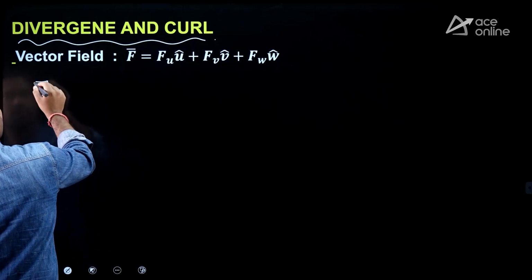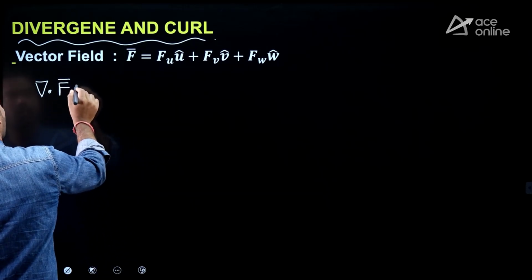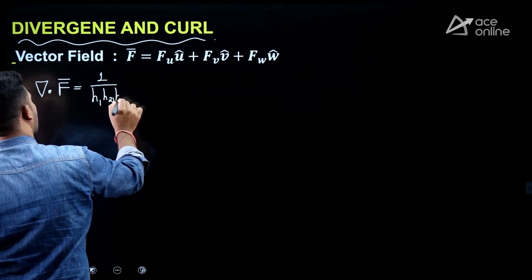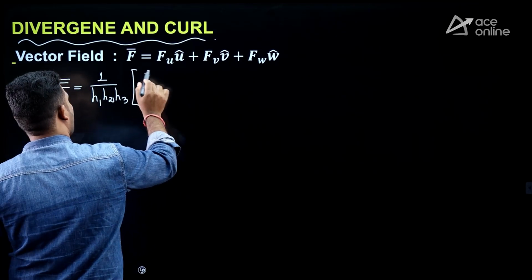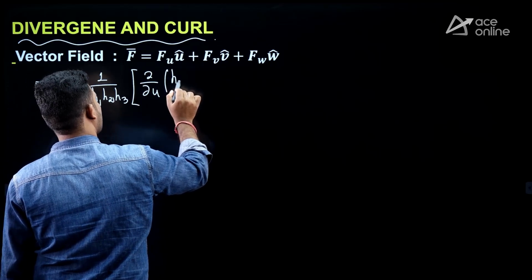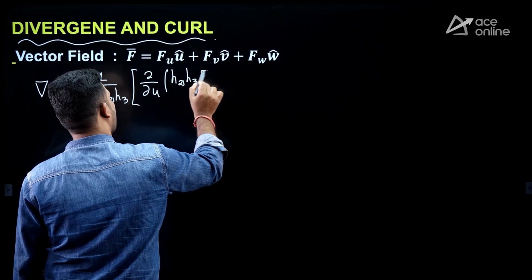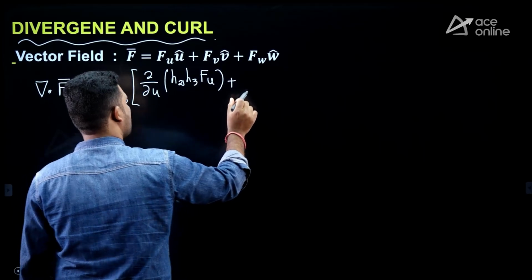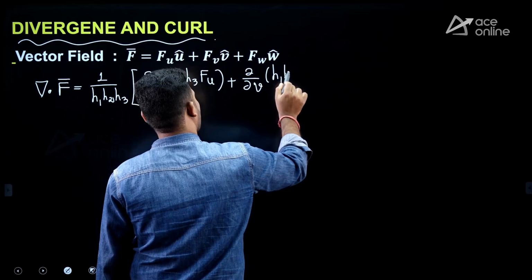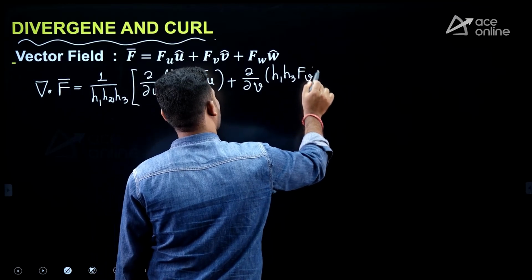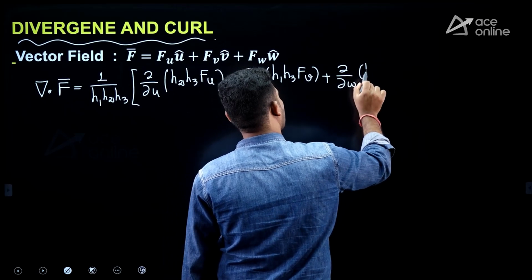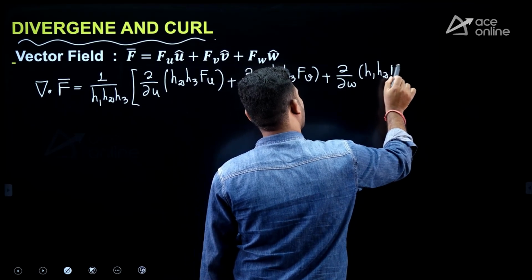So the divergence of F is equal to 1 divided by H1 H2 H3, dou by dou u of H2 H3 into Fu, plus dou by dou v of H1 H3 into Fv, plus dou by dou w of H1 H2 into Fw.